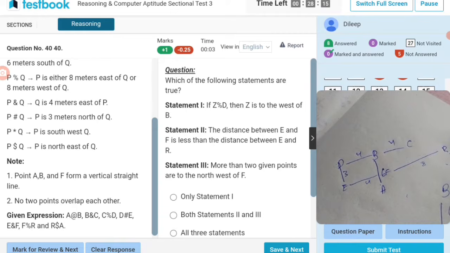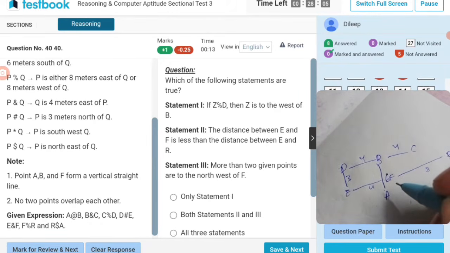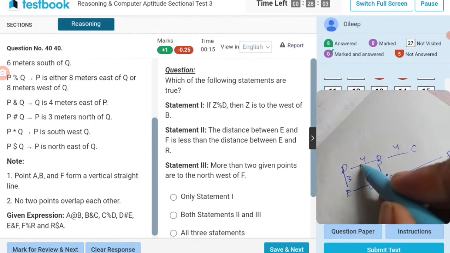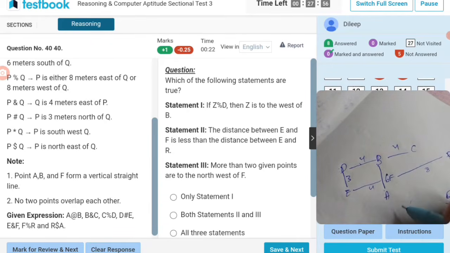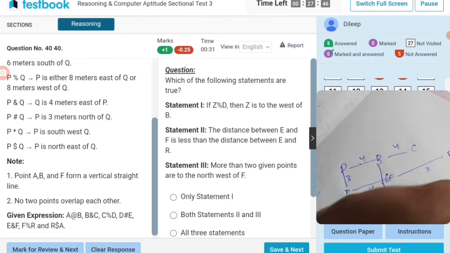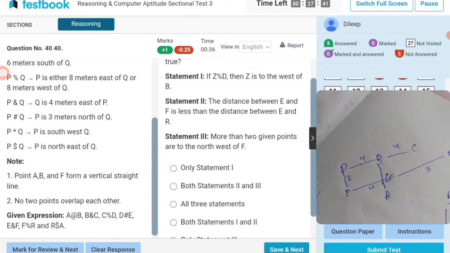So Z percentage of D means Z is 8 meters west of B. Sorry. Z is the west of B. More than 2 given points are the northwest of F. And 3 is not.